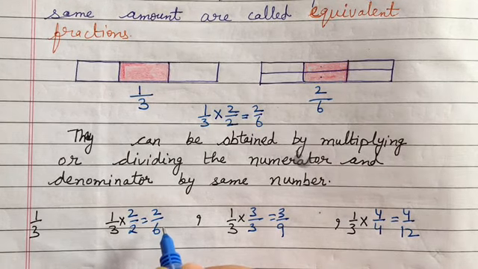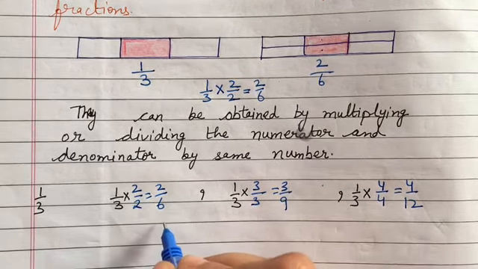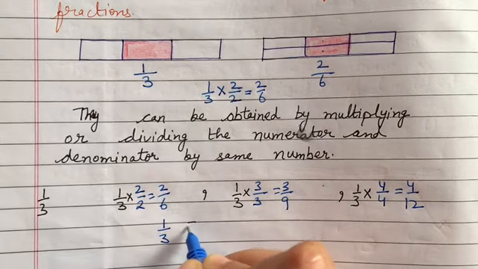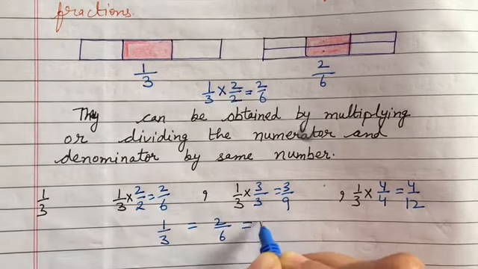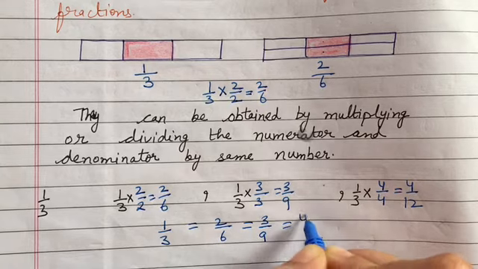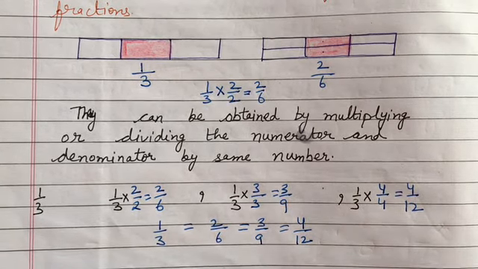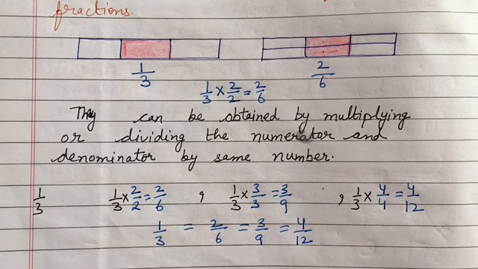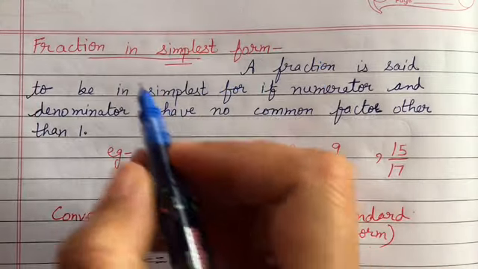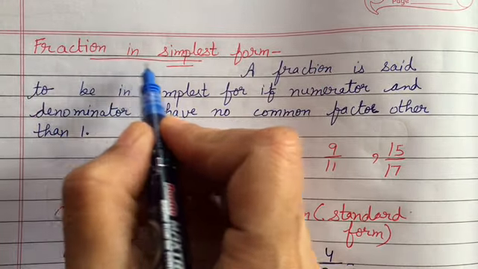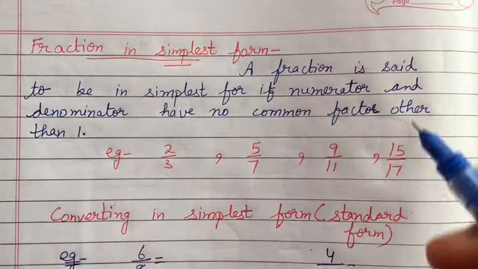So 1 by 3, 2 by 6, 3 by 9 and 4 by 12 are equivalent fractions, as they represent the same amount. Next thing which is very important is fraction in simplest form.